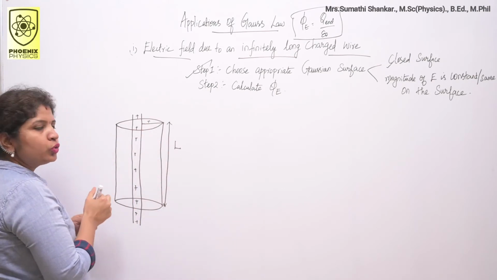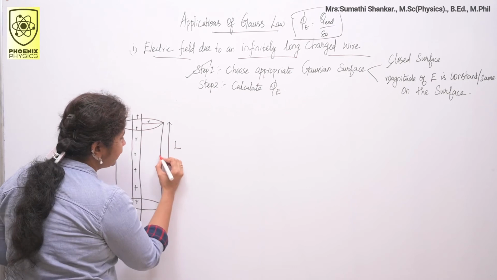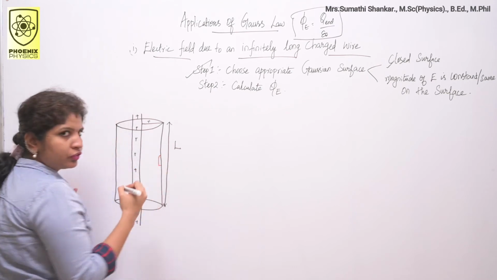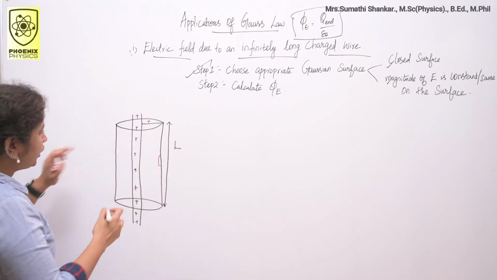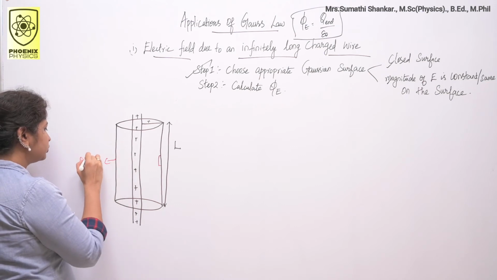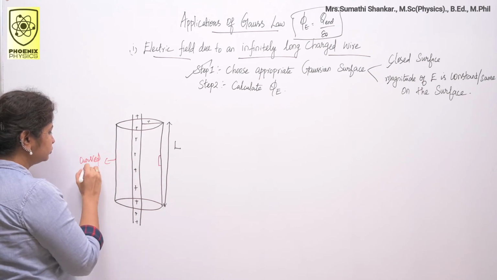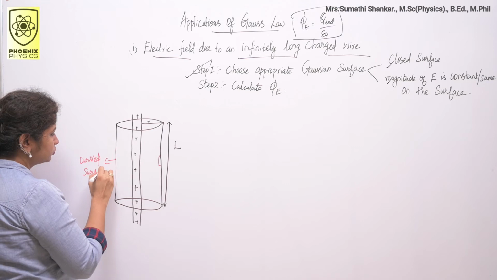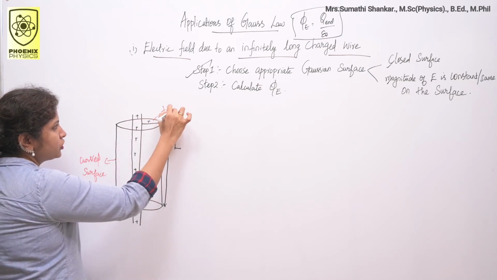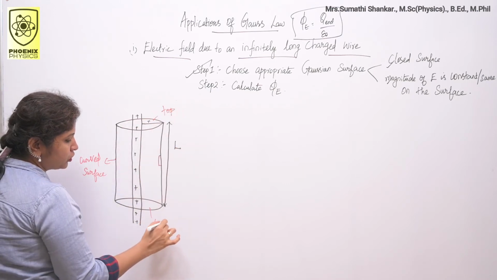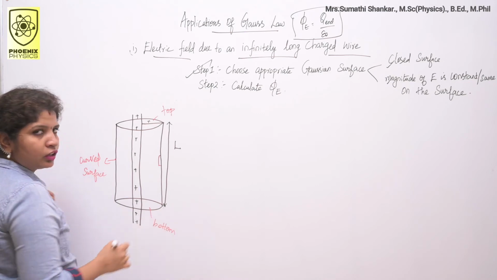Now you choose one area element on this curved surface because a cylinder has one curved surface, one top surface, one bottom surface, right?